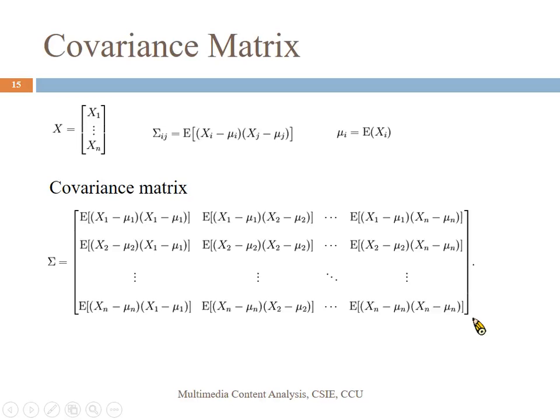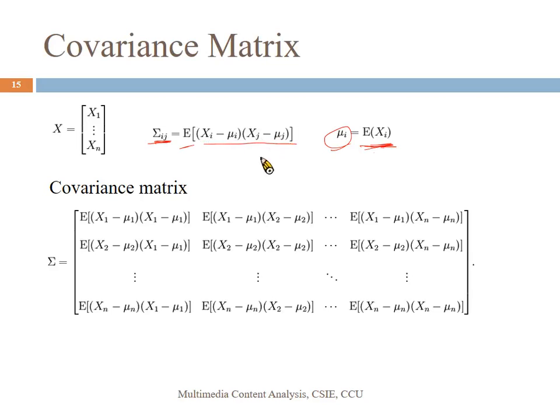Here is the detailed mathematical definition of the covariance matrix. Assume that mu i denotes the expected value of the random variable xi, and then sigma ij would be the expectation value of the multiplication between xi minus mu i and xj minus mu j.